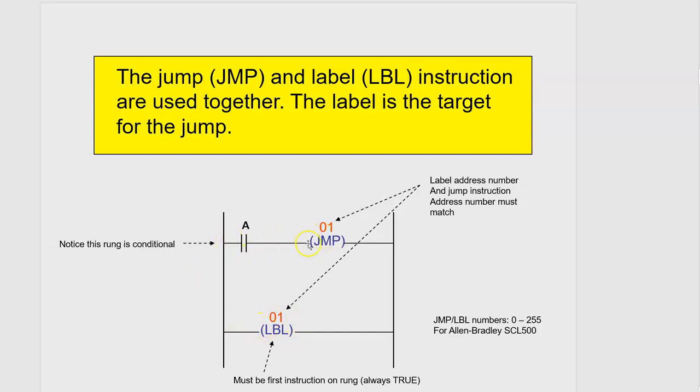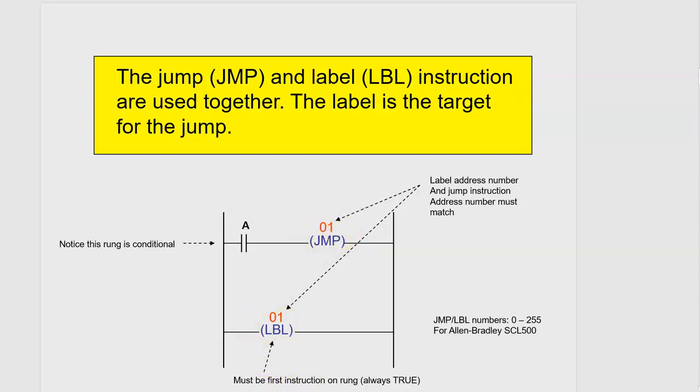Now notice the jump is conditional. So when input A, whatever that is, when that's true, then the jump instruction goes true. It has logic continuity. And so what it's going to do is look for a target. Well, the target is the label. Now notice they have the same address, 01 here, 01 here. So it knows, it matches or marries this jump instruction with that particular label.